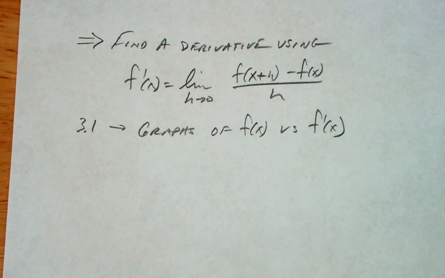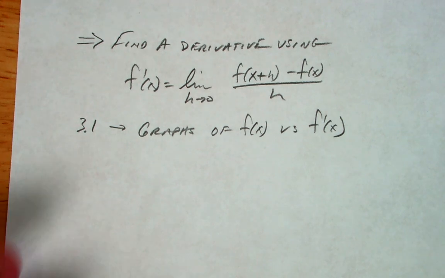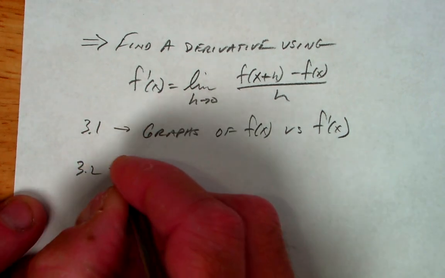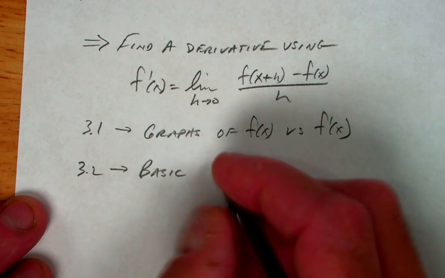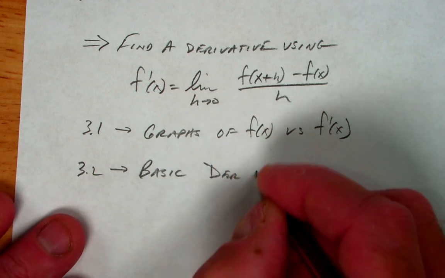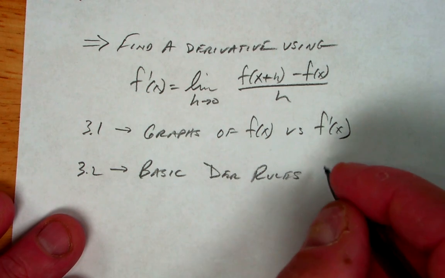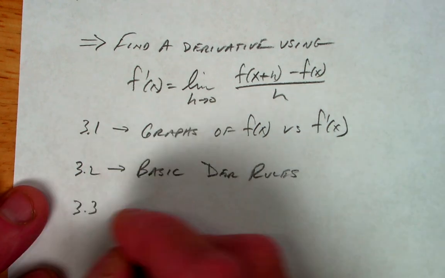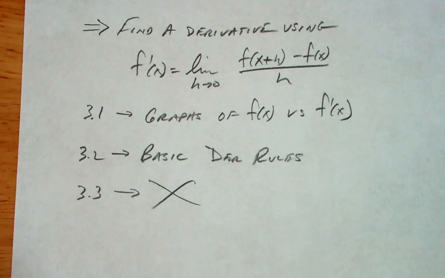Okay. And then basically 3.2 and 3. Okay, we didn't do 3.3. Basic derivative rules. 3.3 we're going to save for later. We're going to save for when we do what's called related rates. So it's actually only over a few.